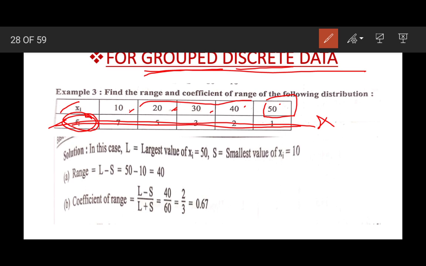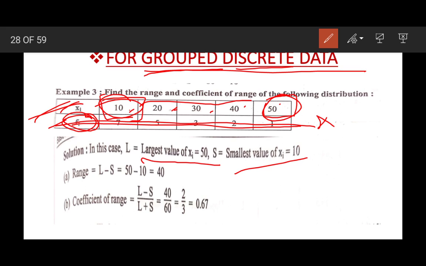We are only interested in X values. So we'll take the largest value of X, which is 50, and then the smallest value of X, which is 10.